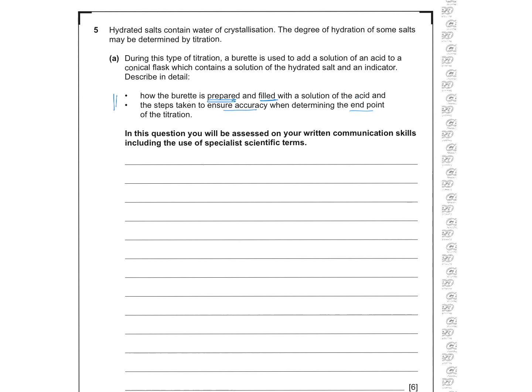Let's look at how this burette is prepared and filled. Well, the first thing that we would do is rinse the burette with the acid. It would then be filled with the acid. And we want to make sure that the jet is filled, that's the part below the tap. We could also say there, ensure there are no air bubbles.